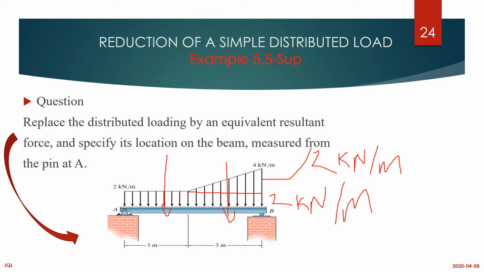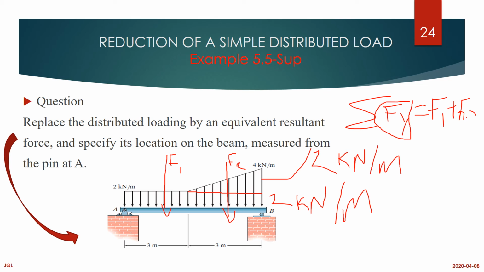Once we have these two, force 1 and force 2, then you say summation of forces in the y will be equal to F1 plus F2, right? You will be able to get your FR, sorry, this is R, the resultant force.